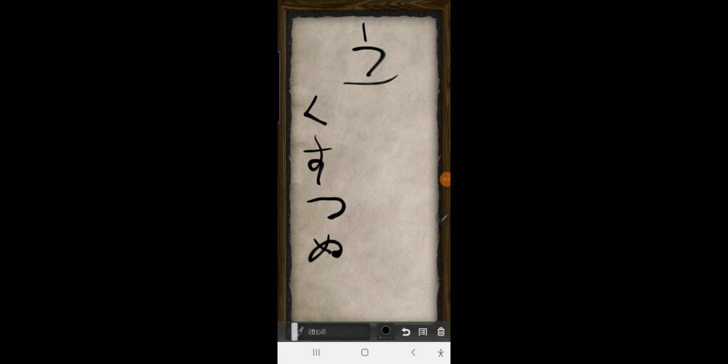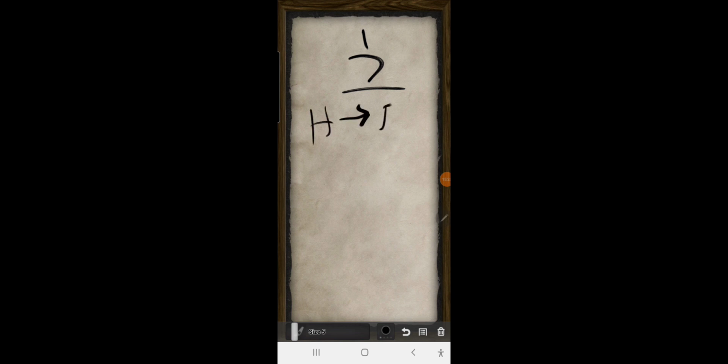And one thing I forgot to mention is the H changes to F on the U sound. And that is written like, write it again.